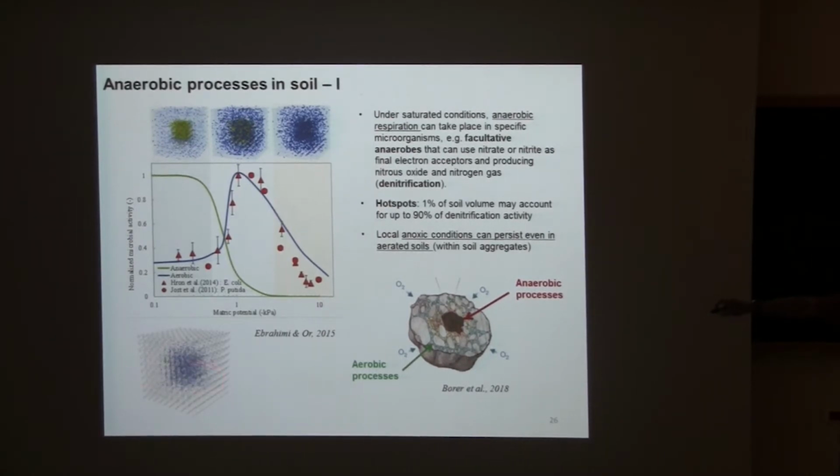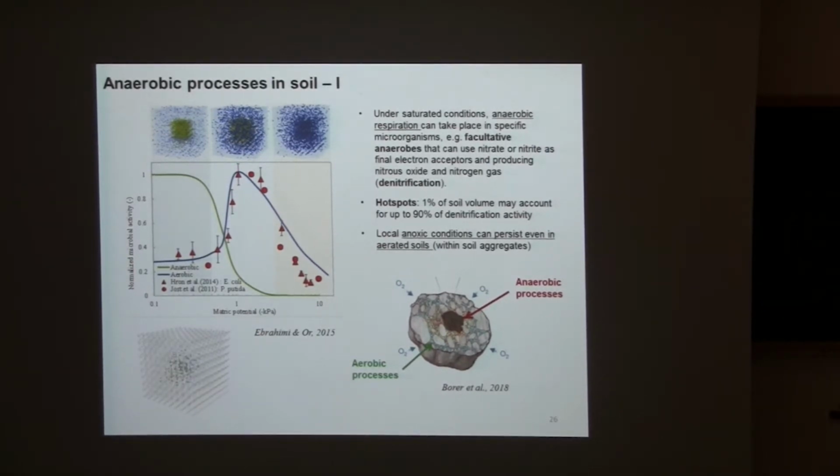So the little dots that you see dancing here are individual microbes moving in the pores, consuming nutrients, growing, dividing, and so forth. As a function of matric potential, we find an optimal peak for the aerobes, as expected. But you also find that when it's pretty saturated, when there's low oxygen content, the anaerobes are thriving.